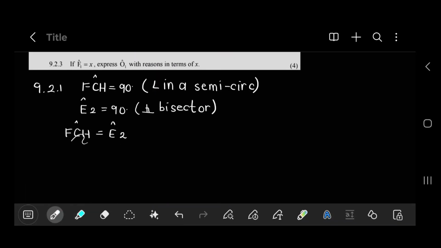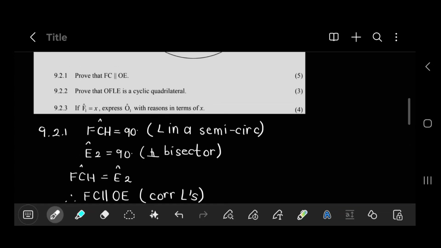So we're going to conclude and say, therefore, FC is parallel to OE, and our reason for saying this is corresponding angles. Now here's the thing, when it comes to questions like this where you are asked to prove something, the main reason that you use to prove is the last thing that you write. You cannot at the start say corresponding angles because you have not yet proven that the lines are parallel. So only once you've shown that they are parallel, then you can say corresponding angles, like what I've done here.